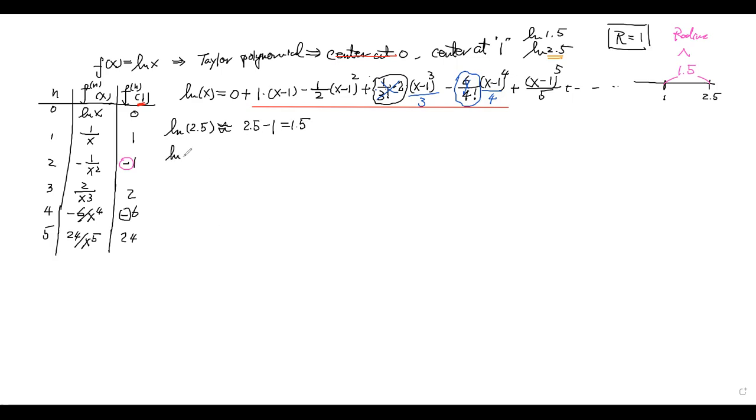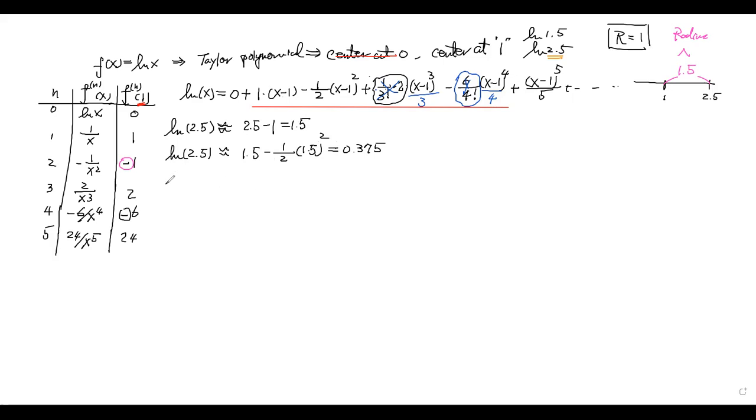Then for the next term, it is very close to 1.5 minus 1/2, then this is 2.5 minus 1, right? So it's 1.5 to the square, right? So I will get 0.375 here.